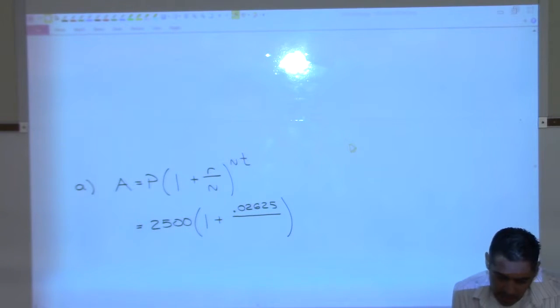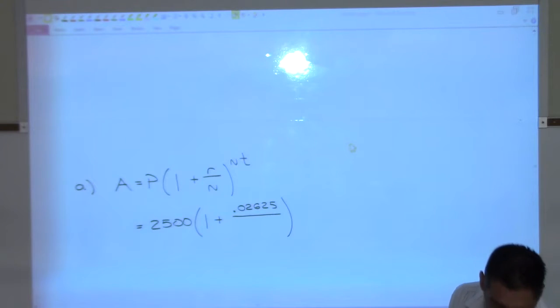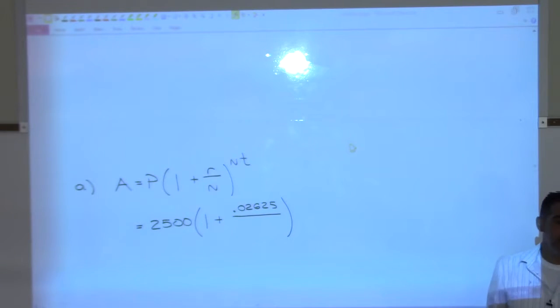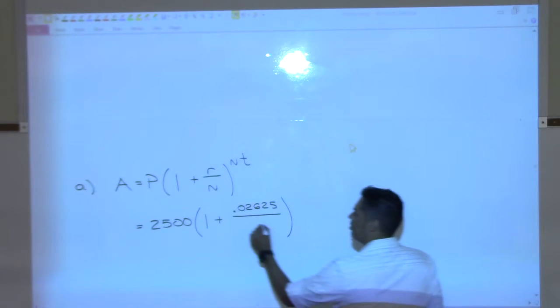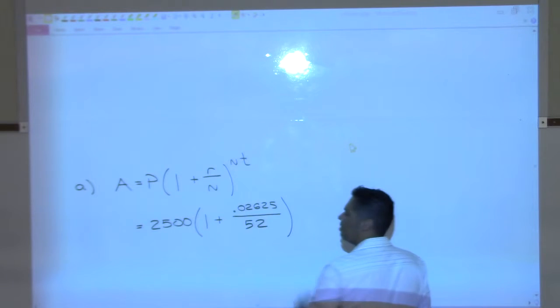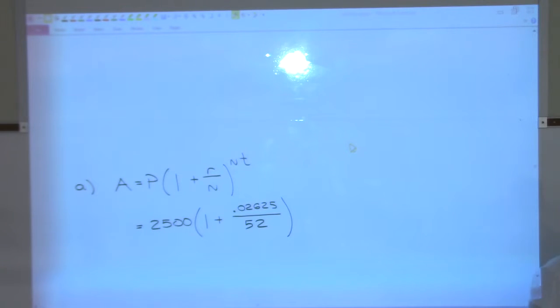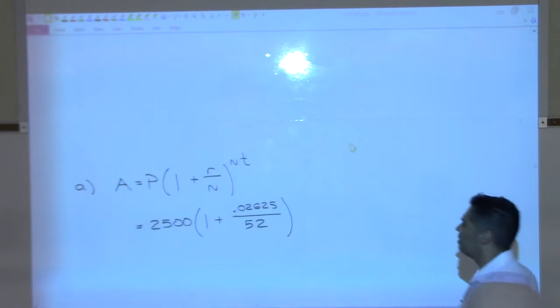We're compounded weekly. So how many weeks are there in a year? I said 48. 52. There are 52 weeks in the year, so you'll have to know that if you're going to use this formula. And then raise to the n times t.